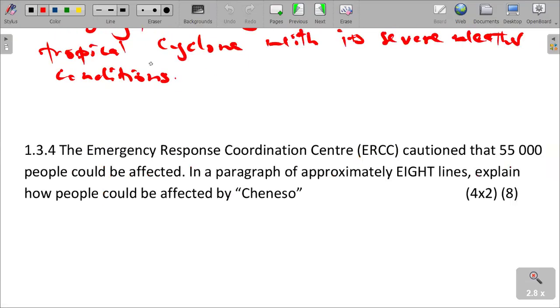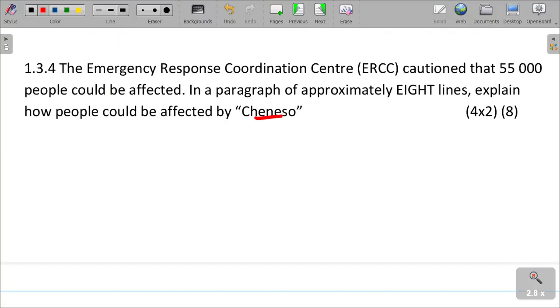It says the Emergency Response Coordination Center cautioned that 55,000 people could be affected. In 8 lines, explain how people could be affected by Cheneso. We are saying, how can people be affected by tropical cyclones? The question is asking about the effect of tropical cyclones on people.